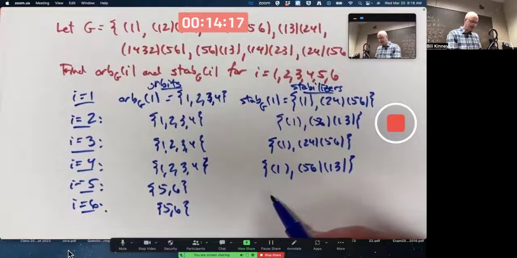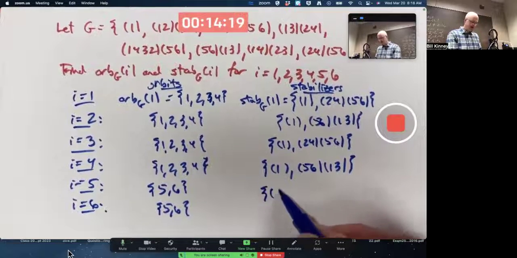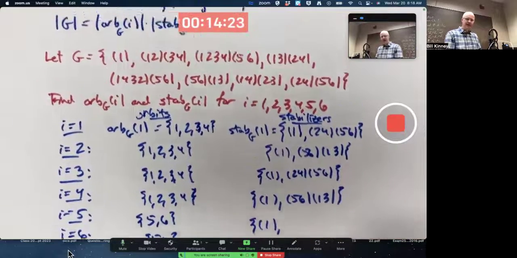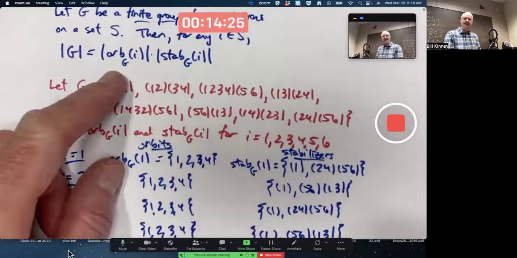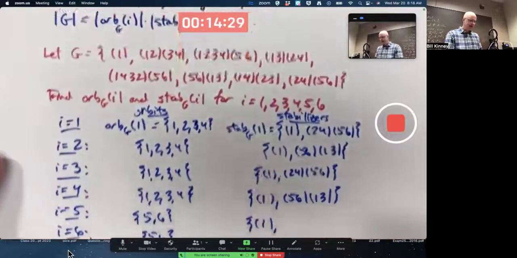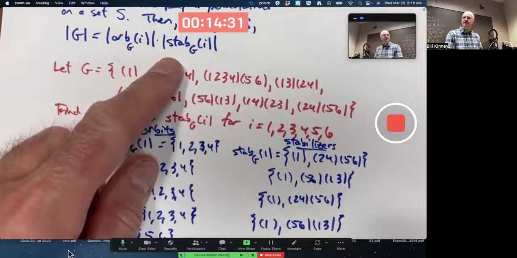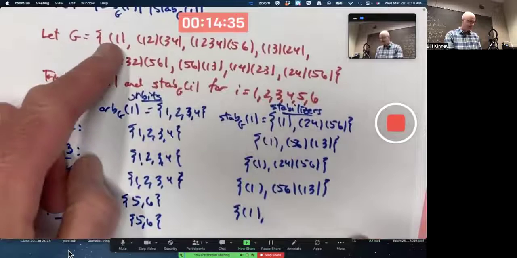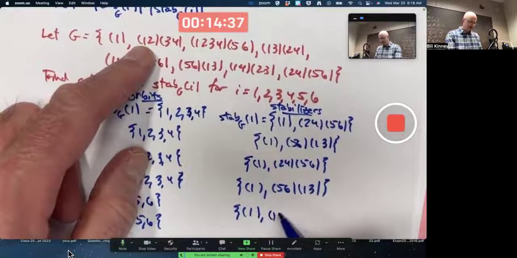And the stabilizer of 5 does include the identity. What else does it include if the Orbit-Stabilizer Theorem is going to be verified? Since these orbits have 2 elements, the stabilizer has got to have 4 elements in both cases. For 5, it'd be that one, this one.